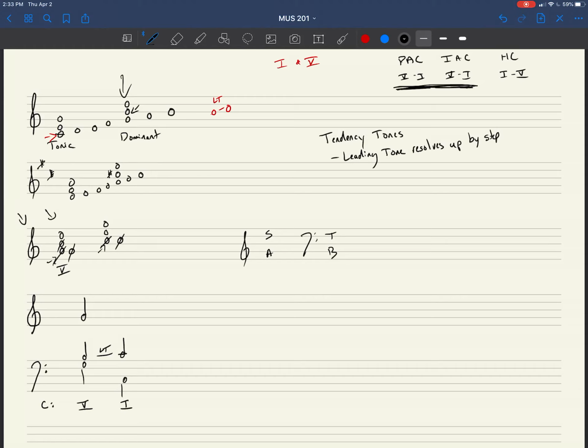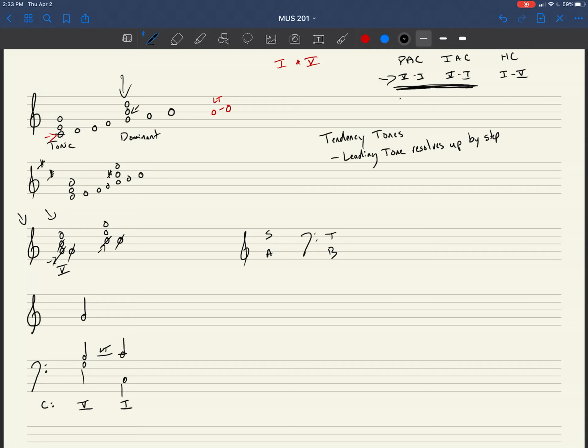So since I put that G in the soprano, what you're going to find is that it's not going to be a perfect authentic cadence because the 1 chord's not going to have scale degree 1 in the soprano. So for a perfect authentic cadence, you have to have 5-1 in the bass, which is shown right here, and same with imperfect authentic.